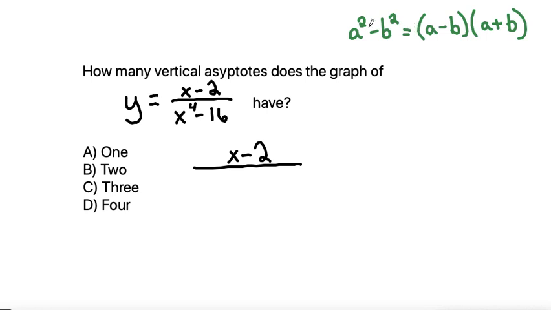So using that formula, because x to the fourth is an even power, we can write our a as x squared and our b as 4. So that would be x squared minus 4 times x squared plus 4.